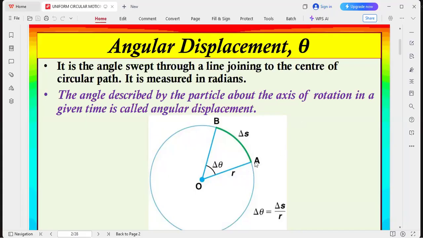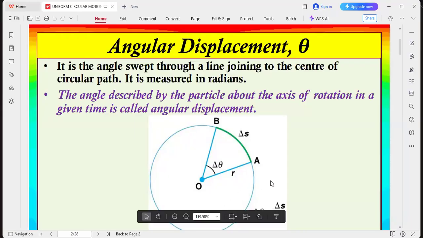From A to B is a certain distance called linear displacement. This is just displacement denoted by S, just like in linear motion, S stands for displacement. Then R is the radius of the circle. So this angular displacement, theta, is given by S over R: the arc length divided by the radius of the circle gives us angular displacement.